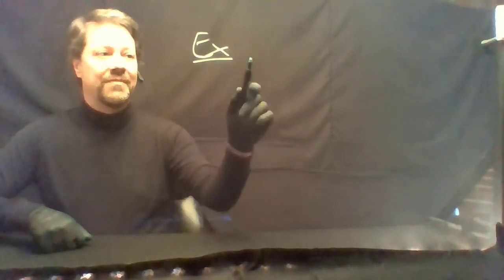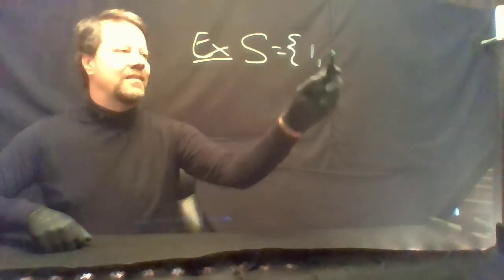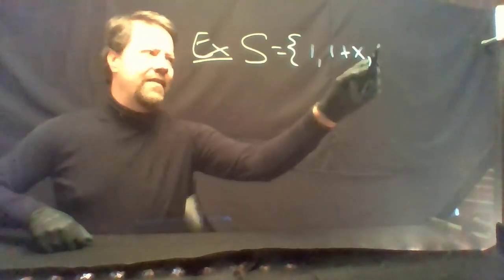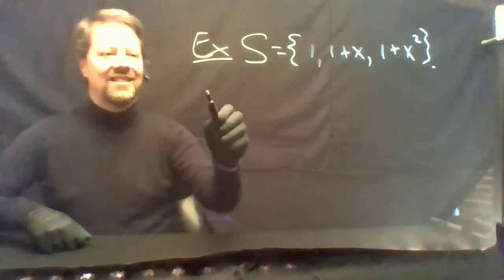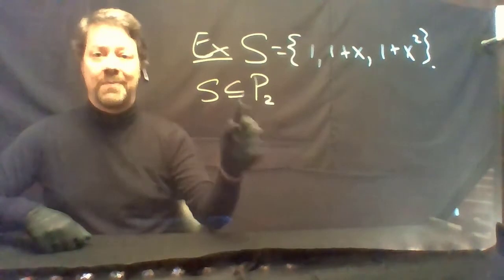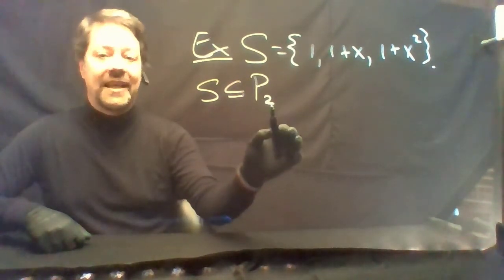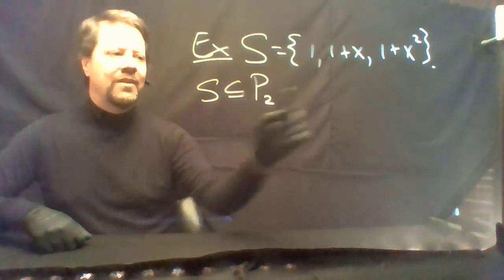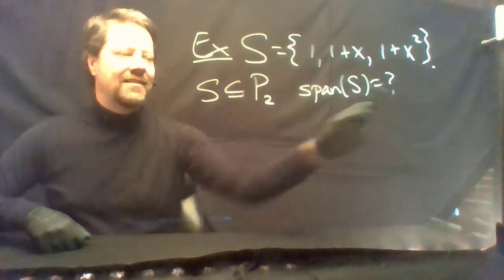As another example, let S be the set containing 1, 1 plus x, and then 1 plus x squared. Now, S is a subset of the vector space P2, the vector space of polynomials having degree equal to 2 or less. However, what is the span of this set?